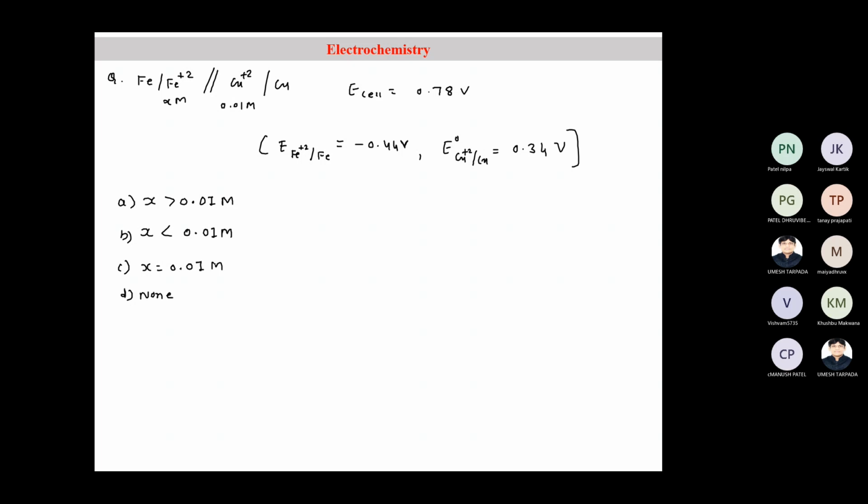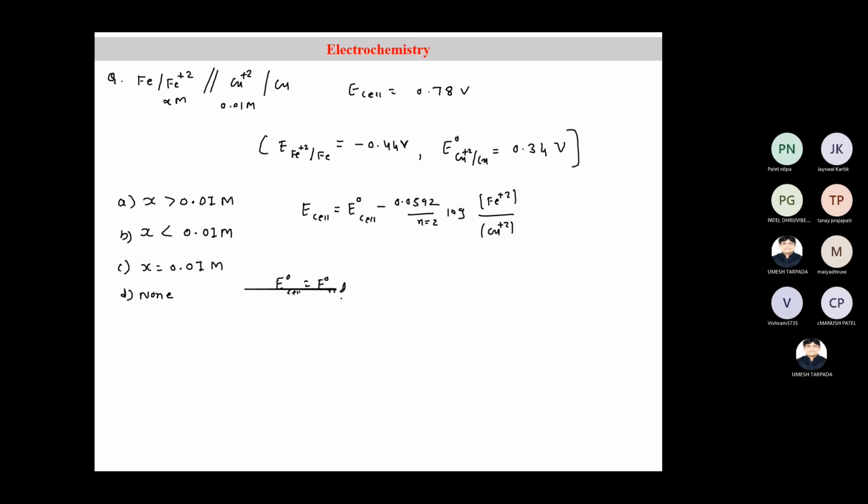So see, for this you can go for this equation. E cell is equal to E standard minus 0.0592 upon n log anode, that is Fe plus 2, upon cathode, that is copper plus 2. n is equal to 2, electrons exchanged, so you can take 2. E cell standard you can calculate using this formula: E reduction at cathode minus anode.